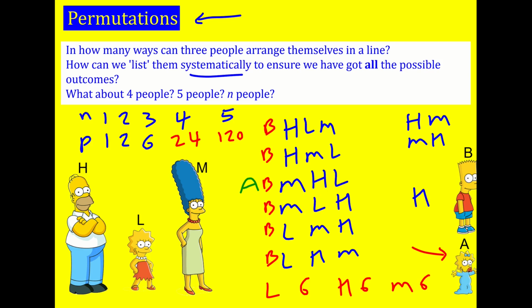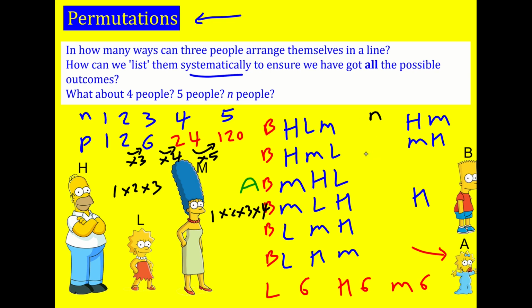And what I see going on is that actually I just need to times this by 5, and I just times this one by 4, and I just times this one by 3, and so on. So for n people, I can see now that this 6 was actually 1 times 2 times 3, and then this 24 was 1 times 2 times 3 times 4.